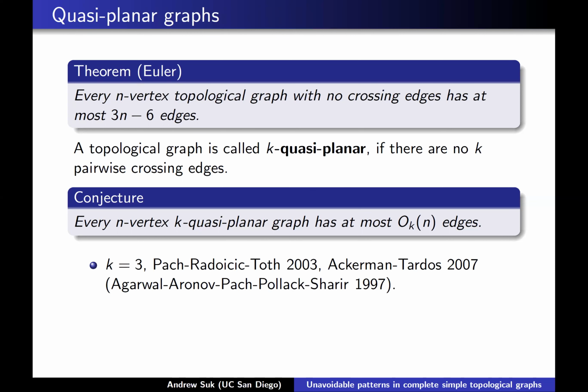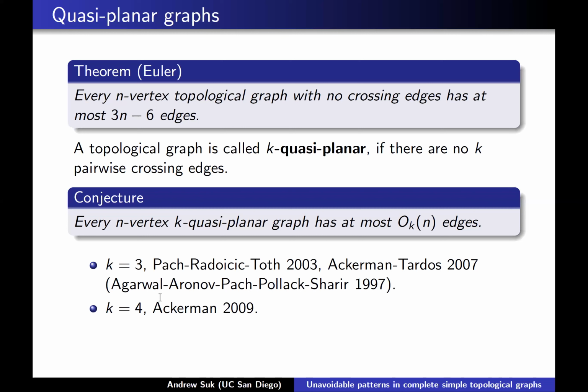It was proved to be true when k equals 3 by Pach, Radoičić, and Tóth, and also a bit later by Ackerman and Tardos. It was proved earlier by Agarwal, Aronov, Pach, Pollack, and Sharir in '97, but they had this extra condition on how you have to draw your topological graph. So in particular, they had this simple condition, which I'll talk about in a minute.